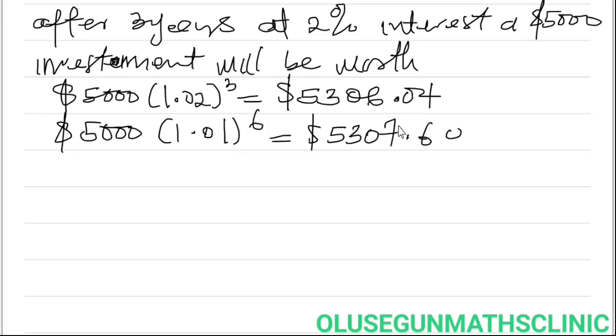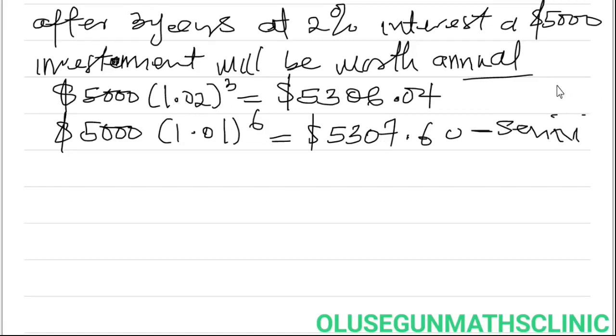You can have an interest rate with monthly compounding. This one is annual compounding, annually. This is 6 months, semi-annual.